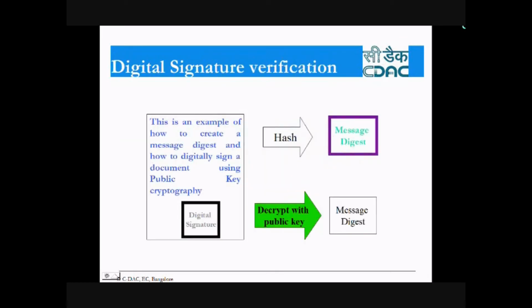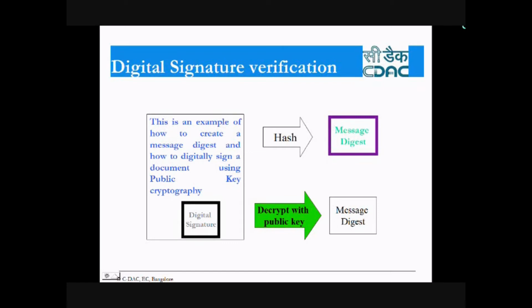Now how do I verify this particular digitally signed document? First of all, I only select the content of the message which I have received. I generate a hash which will give me the message digest.